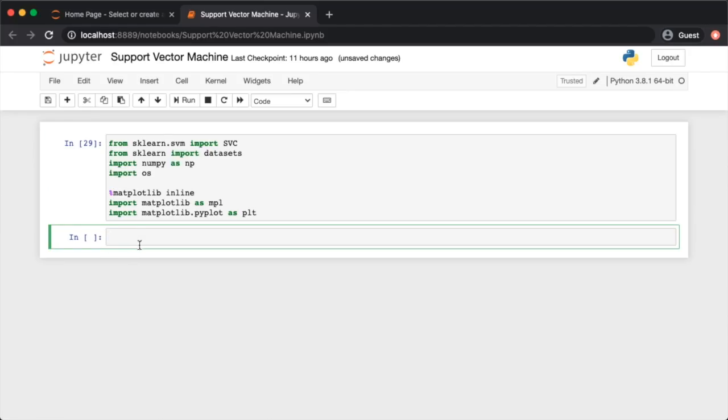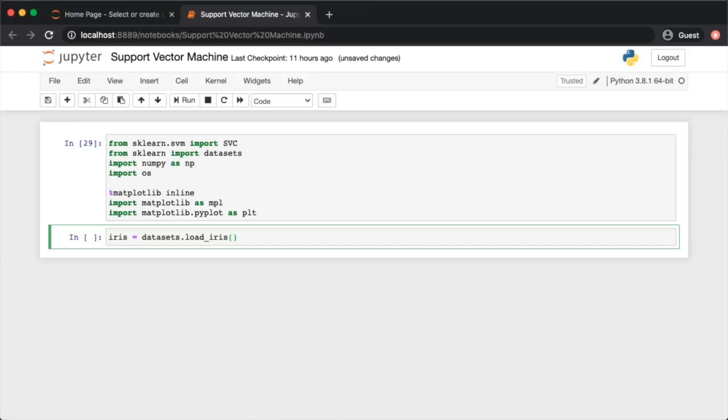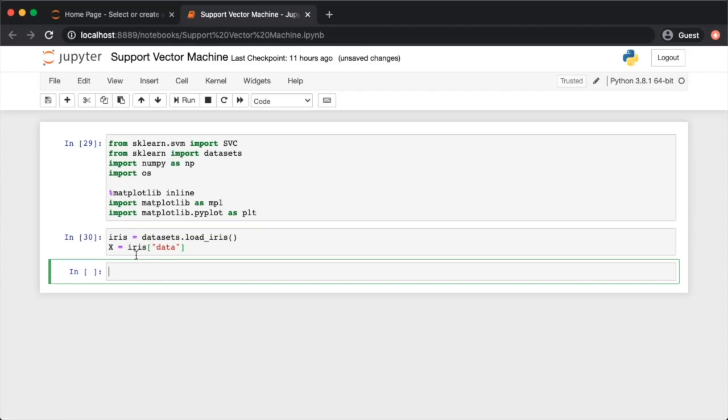Okay. So now let's import the iris dataset that is achieved from load_iris as such. And my training dataset would be iris.data. Let me see how this looks like.